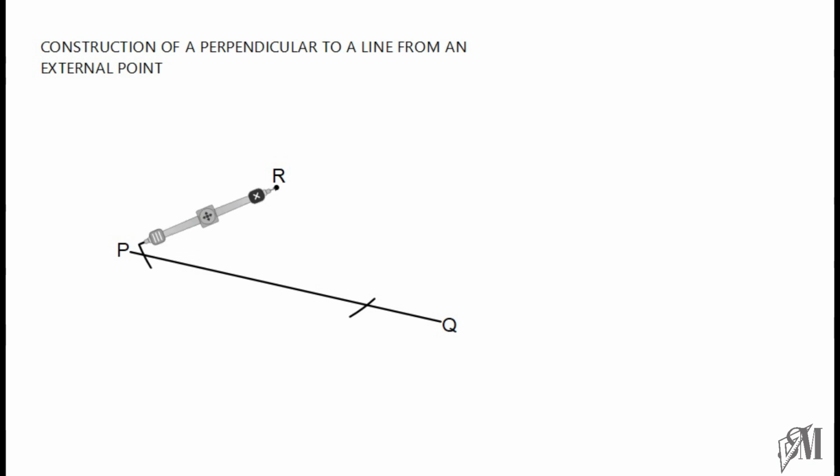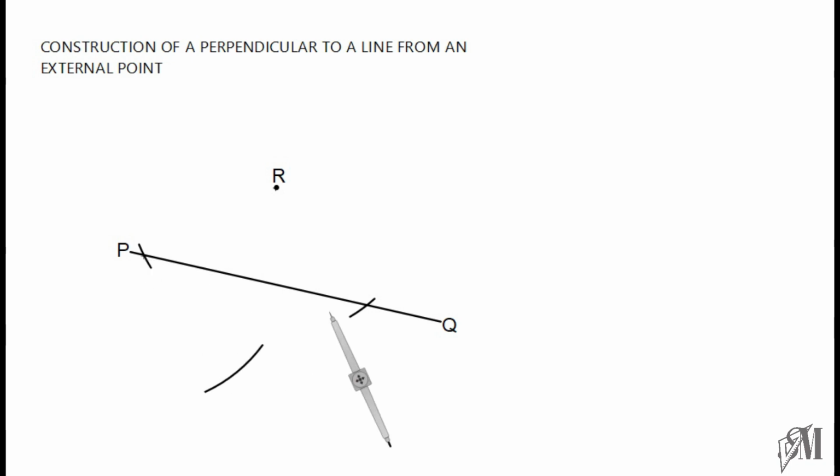Then come to one of these two arcs and draw another arc in the opposite direction of R like this. And then with the same length, you have to move to the next arc and cut the arc you drew here. Like this.